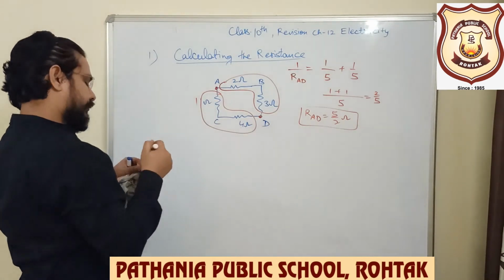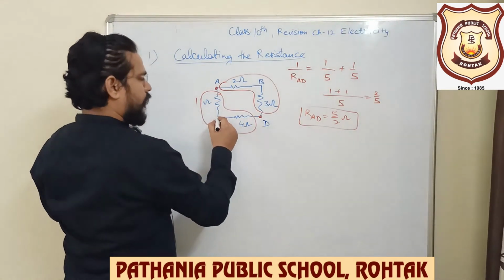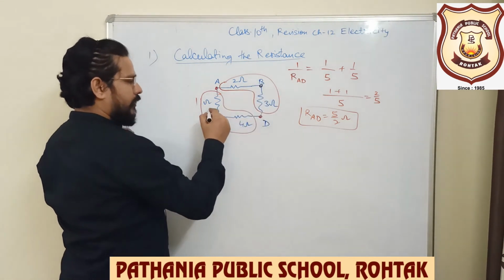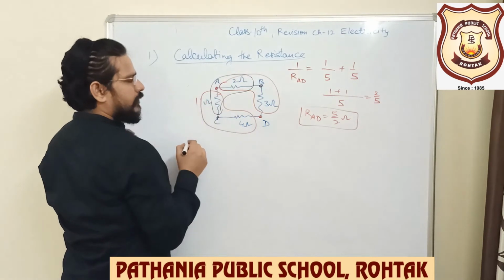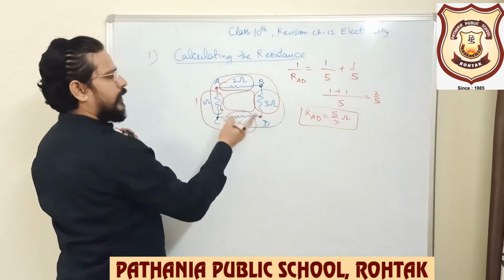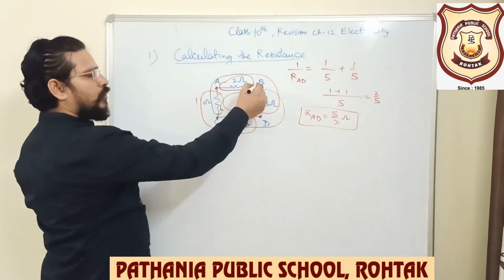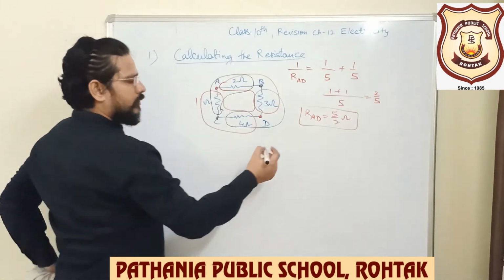Similarly, if you want to find the value of RBC, then you can connect 1 and 2 in series and 4 and 3 in series, and then you can connect them in parallel. Look how the combination changes as you change your point of reference.